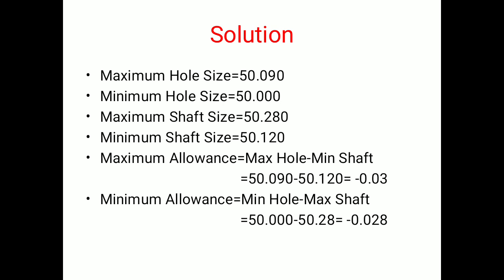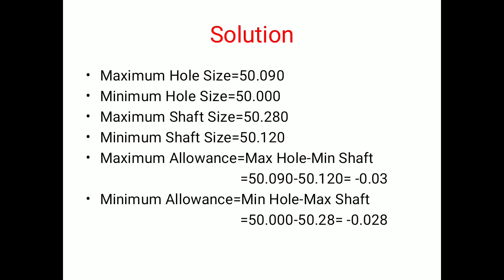Maximum hole size, 50 plus 0.09, equal to 50.09. Minimum hole size, 50. Maximum shaft size, 50 plus 0.28, that is 50.28. Minimum shaft size, 50 plus 0.12, that is 50.12. Now as per the definition, maximum allowance is equal to the difference between the maximum hole size and minimum shaft size.